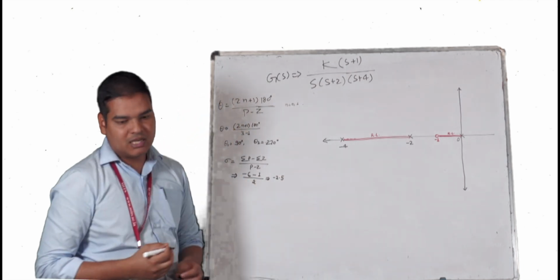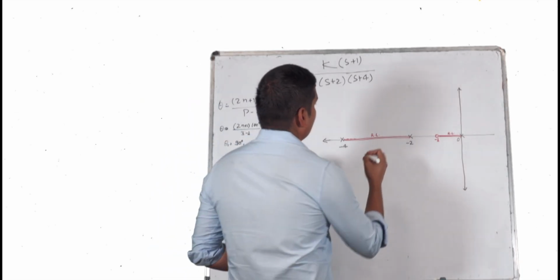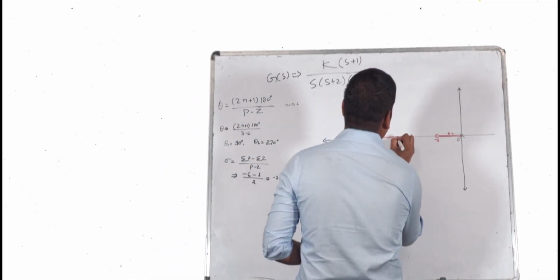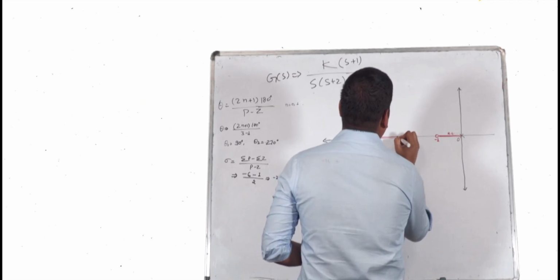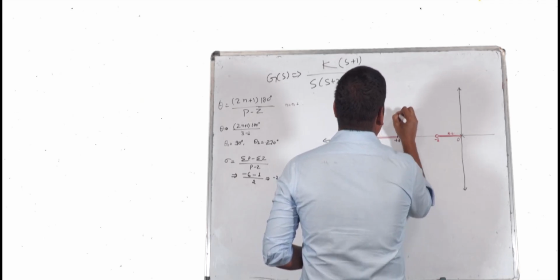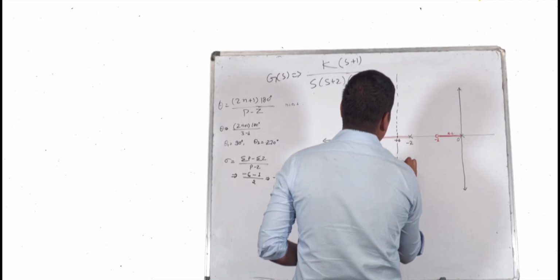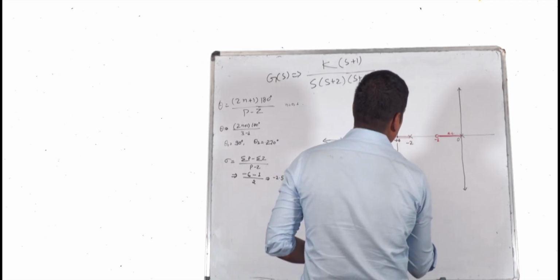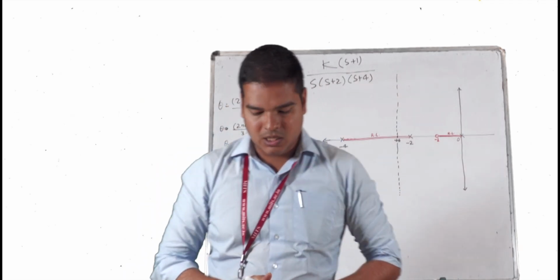So the centroid will exist at minus 2.5. This point will lie somewhere here, and the asymptotes are at 90 degrees, the first asymptote, and 270 degrees, the second asymptote. So now we have plotted both the asymptotes along with the centroid.